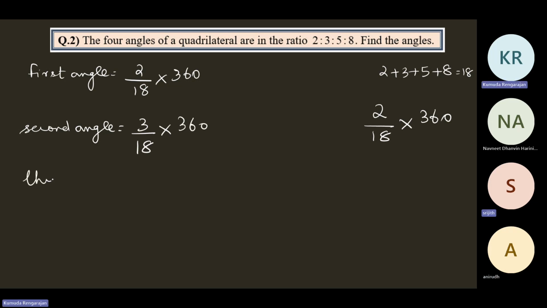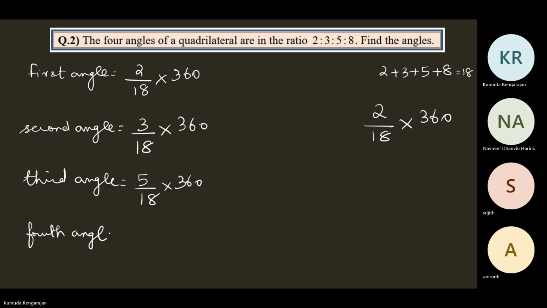What's the third angle? 5 by 18 into 360. And the fourth angle? 8 by 18 into 360. Correct.